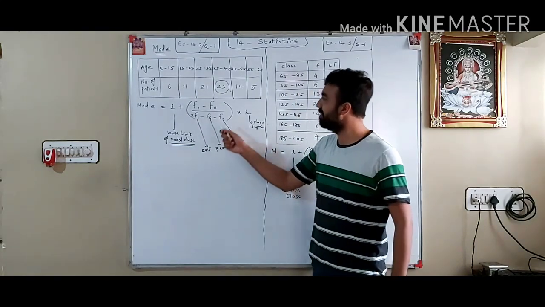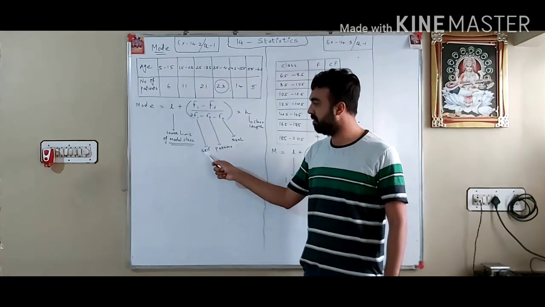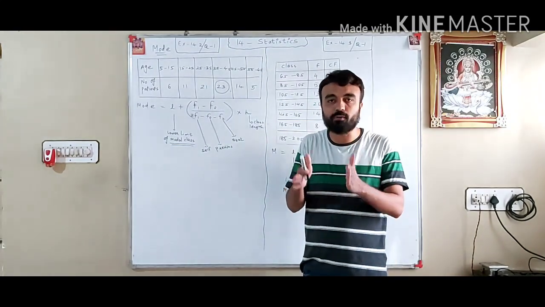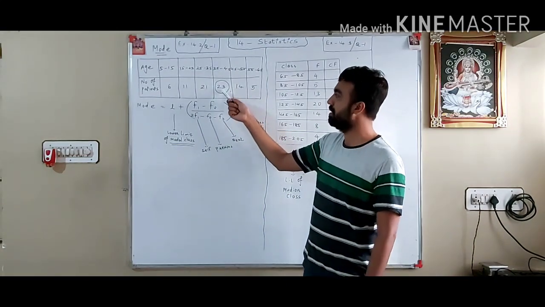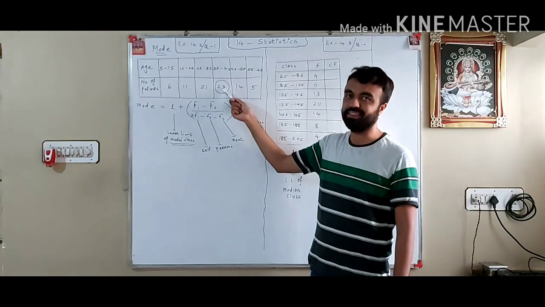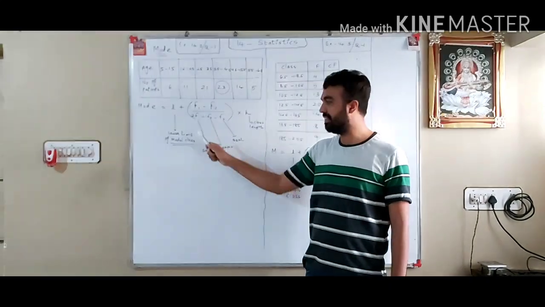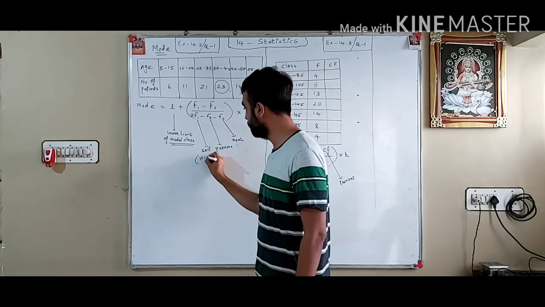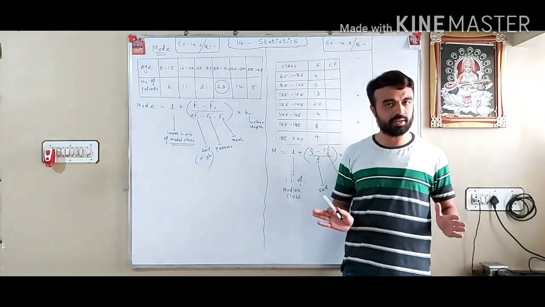F is obviously a frequency, so self means the model class. So F1 is the frequency of the model class, which means 23, the highest one. So F1 is the highest one.